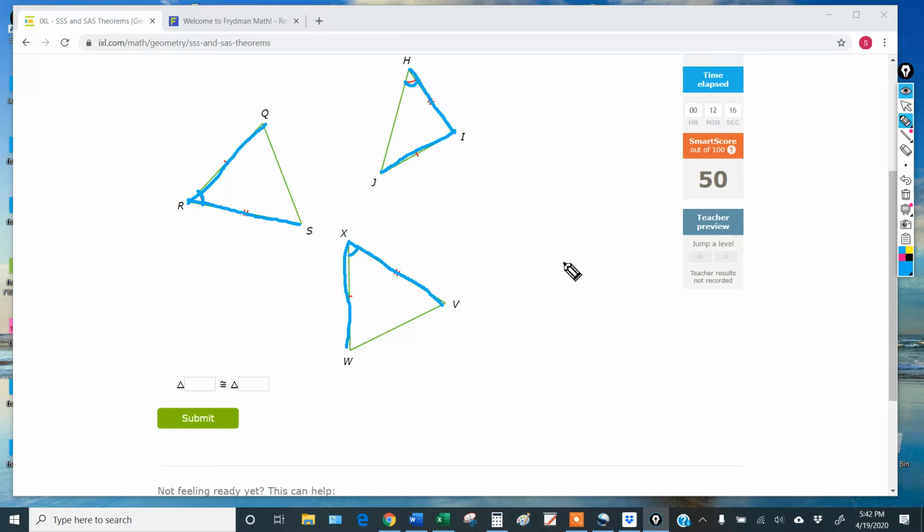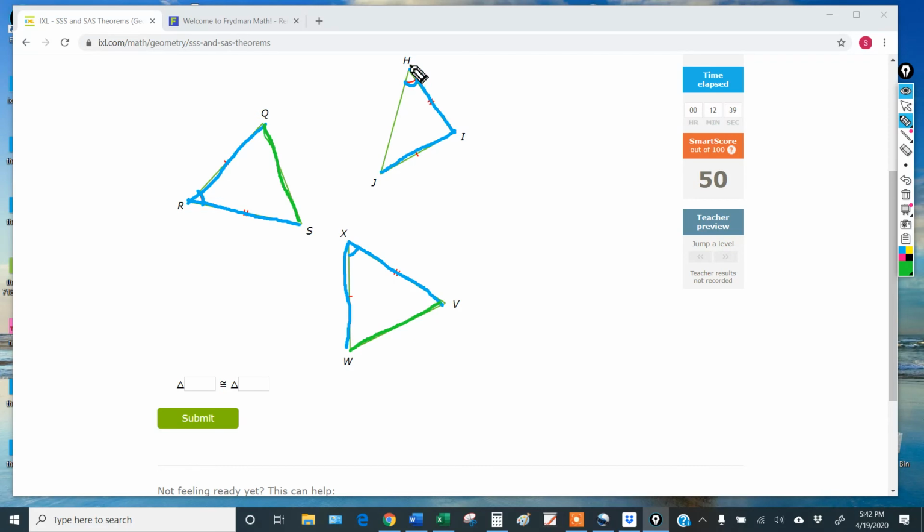I know for sure that in these two triangles, this green line must be exactly the same as this green line also.